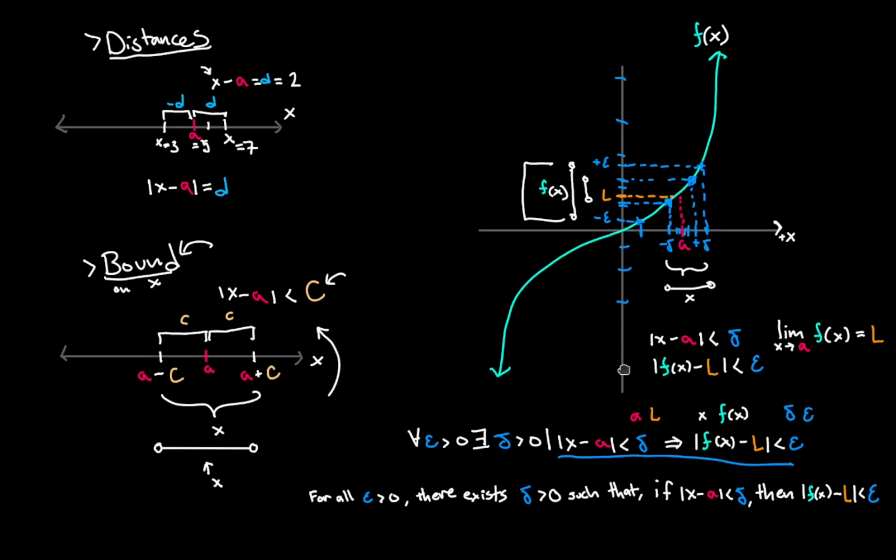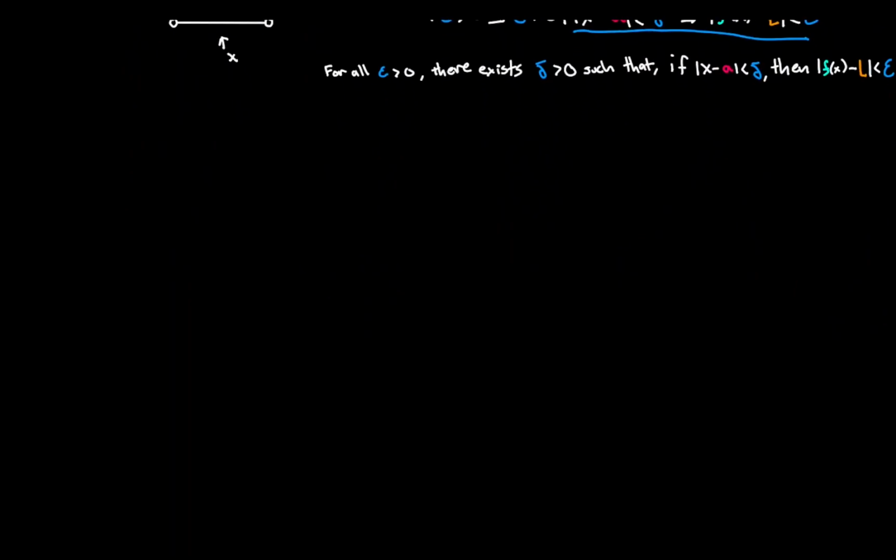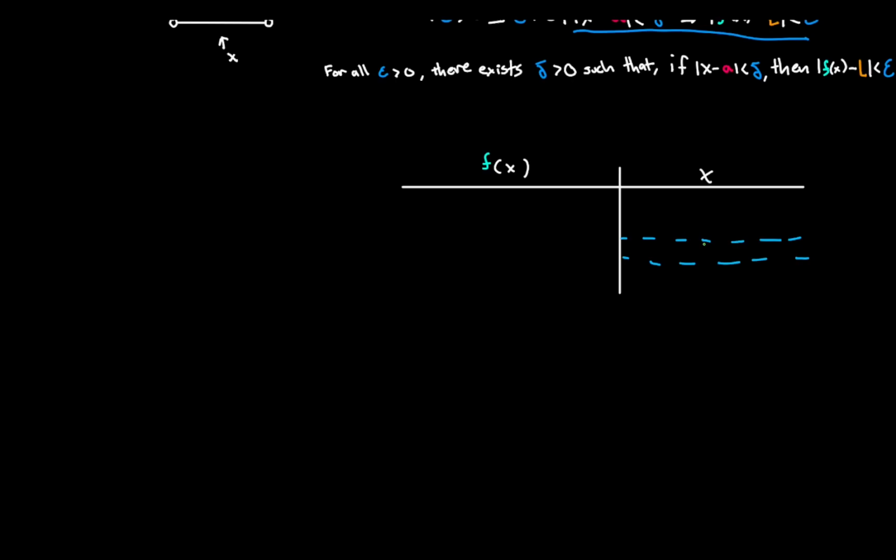And so to link this back to the table example we talked about before, let me draw out the table real quick. Right, so we have x on this side, and then we have f of x on this side over here. And in the middle, we had the value that x was approaching, which is a for us.